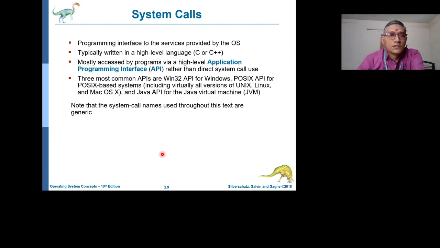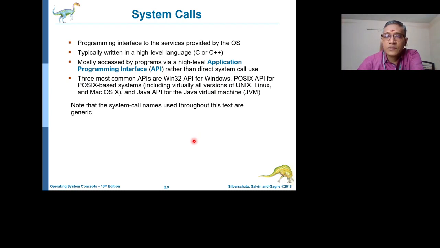System calls. It is a programming interface to the services provided by the operating system, as I have just defined. Typically it is written in a high-level language, and is mostly accessed by programs through a high-level application programming interface rather than direct system call use. If we need to use the kernel services, we need to initiate the system call.